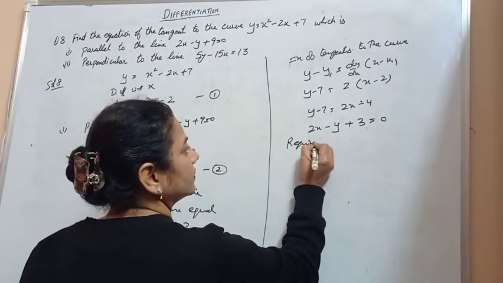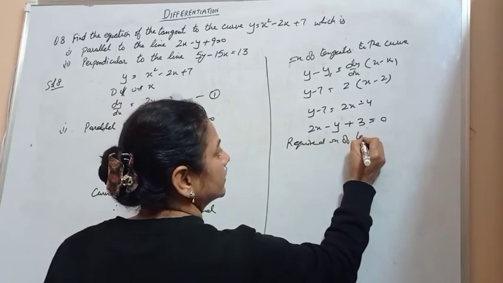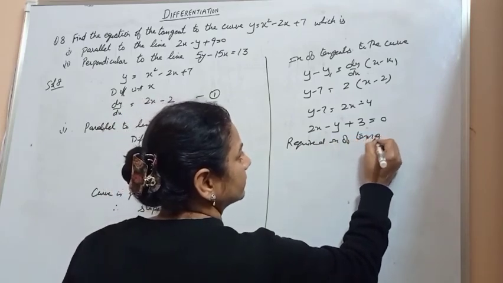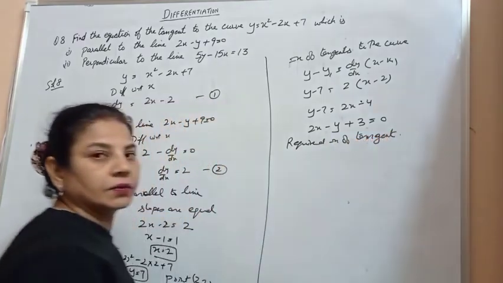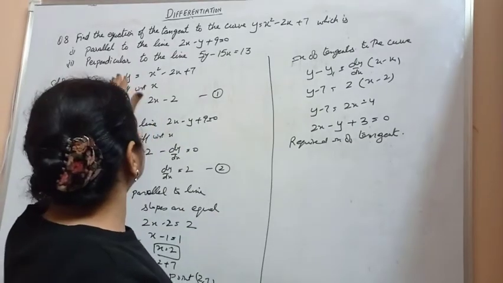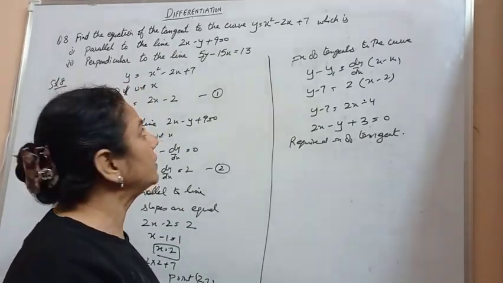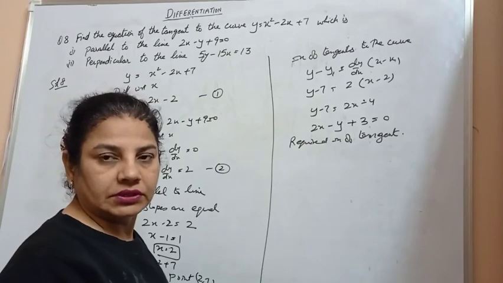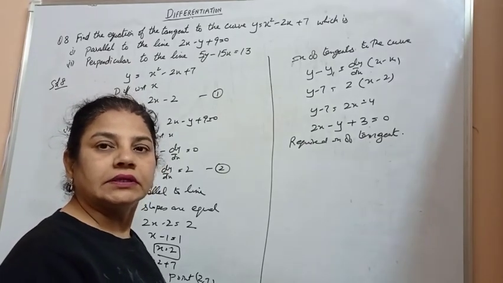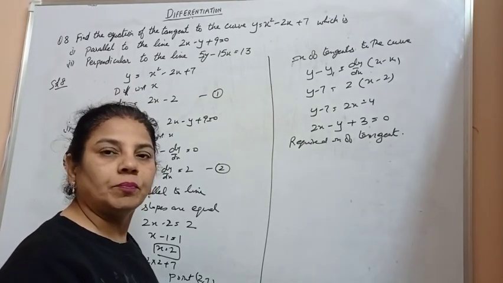This is my required equation of tangent. Now the tangent to the curve is perpendicular to the line y − 15x = 30. We calculate the slope of the line.